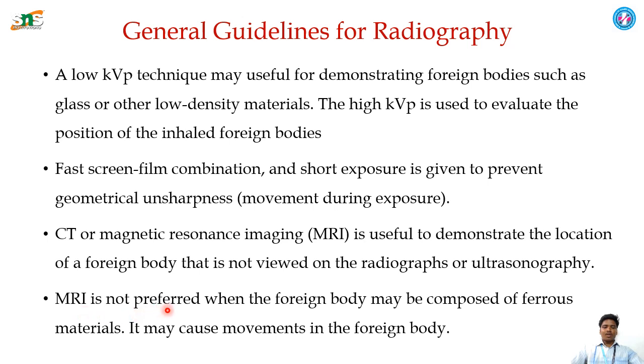MRI is not preferred for metal items because metal is not allowed inside the MRI. It may cause movements in the foreign bodies, which gives severe or chronic pain to the patient.